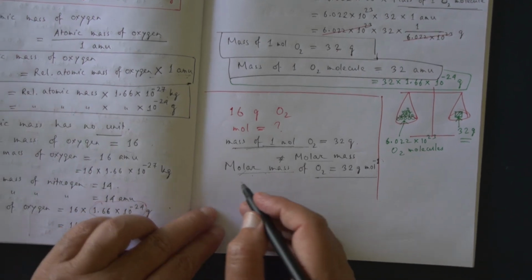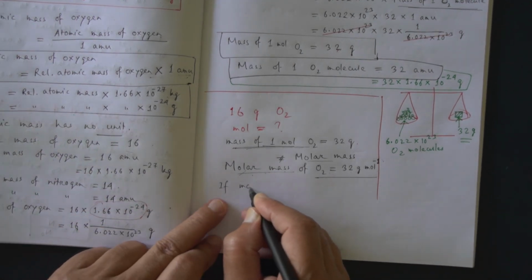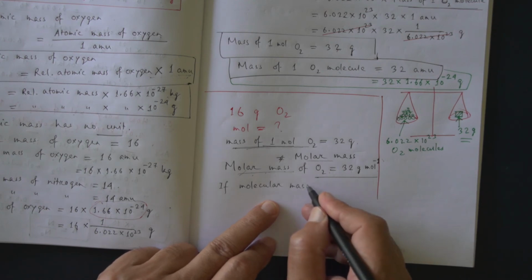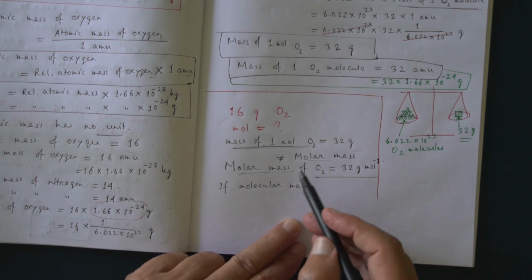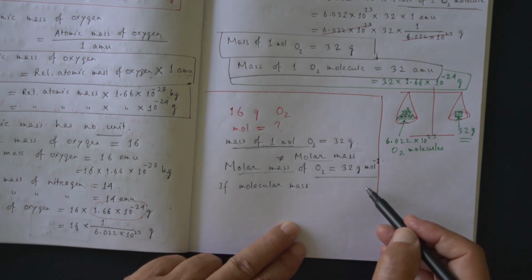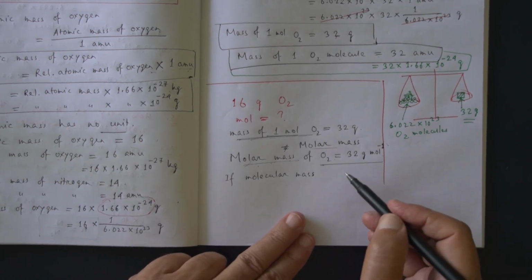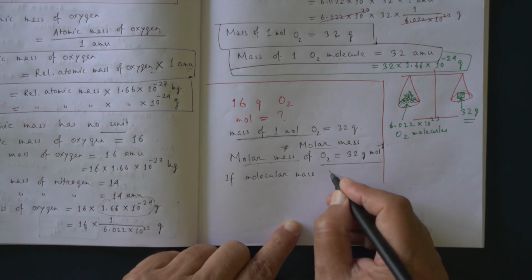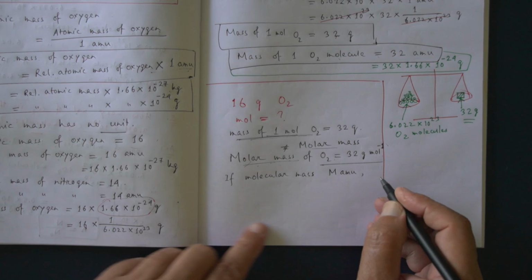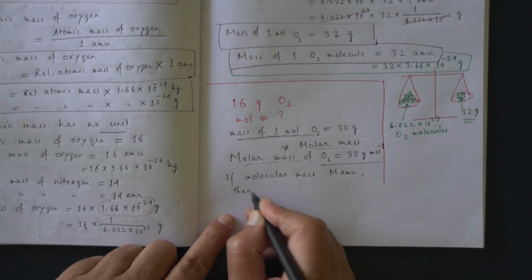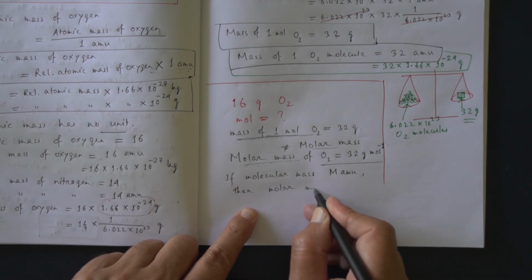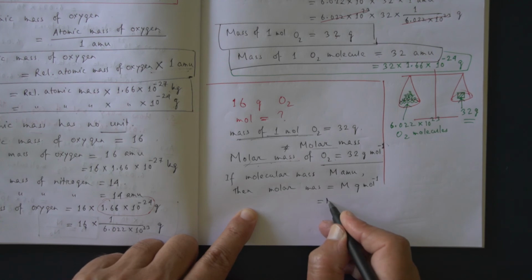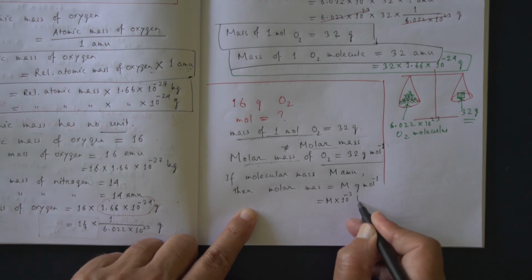Okay? That means if molecular mass... once again, molecular mass and molar mass are not the same, because molecular mass means mass of one molecule and molar mass means mass of 1 mole. 1 mole means the mass of 6.022 into 10 to the power 23 of them. If molecular mass is m AMU, then molar mass is m gram per mole, or m into 10 to the power minus 23 kg per mole.